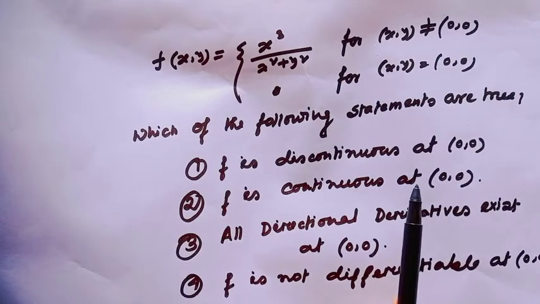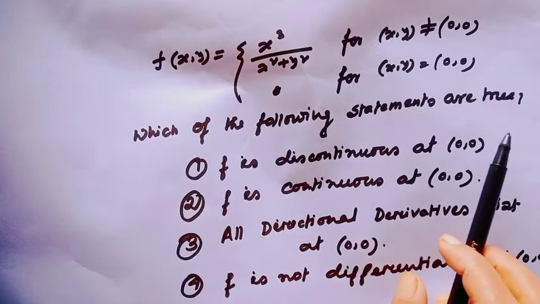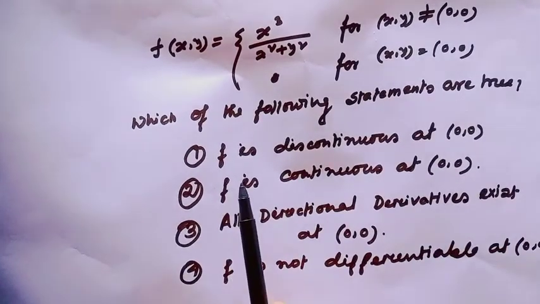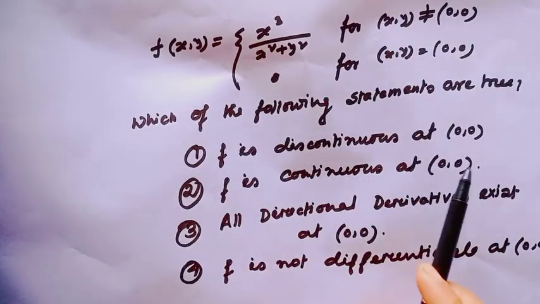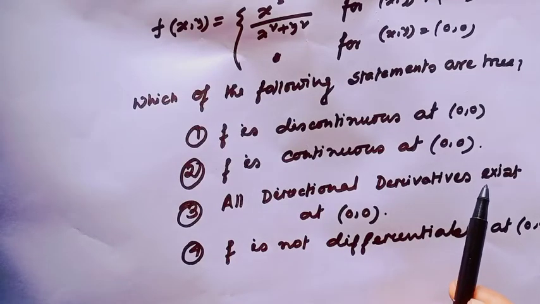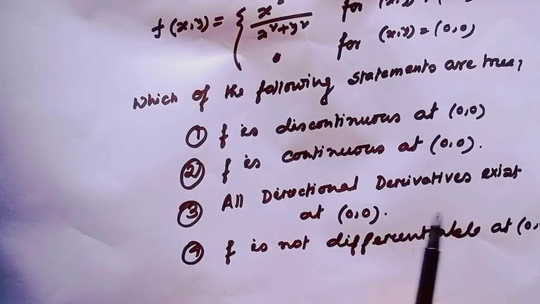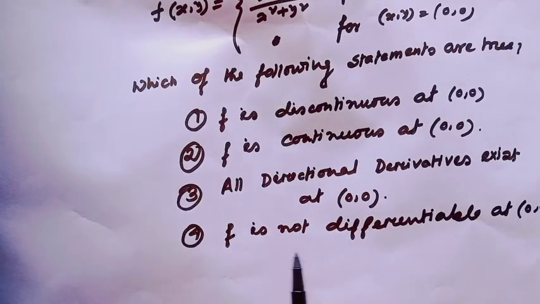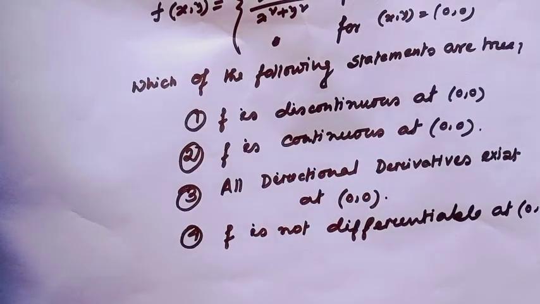Then which of the following statements are true? Option 1, f is discontinuous at the point (0, 0). Option 2, f is continuous at the point (0, 0). Option 3, all directional derivatives exist at the point (0, 0). And option 4, f is not differentiable at the point (0, 0).